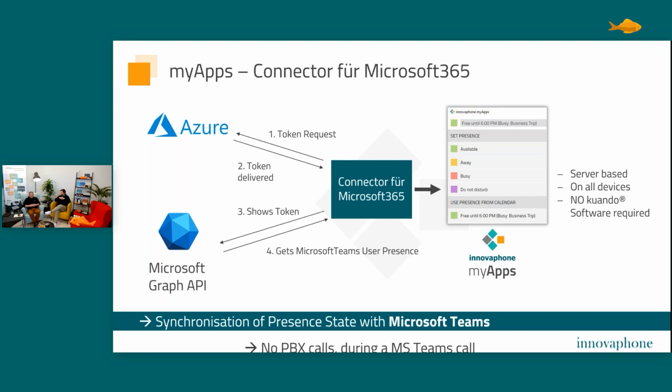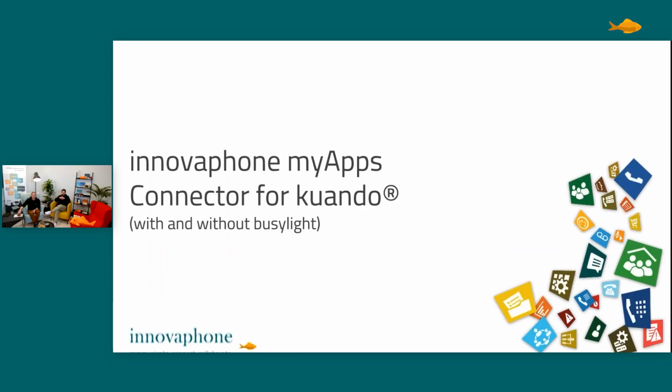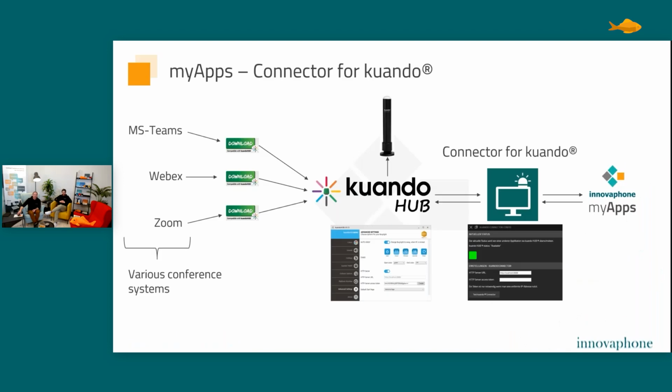Well, there is actually also a solution for that, because we accepted reality that there are a lot of conference systems out there, and for this we have the innovaphone myApps connector for Quando. You might have heard of the Quando or the Busy Light already, as the physical hardware, which is actually quite useful, especially in the home office. My wife, when she knows that I'm on a call, and it's red, for example.